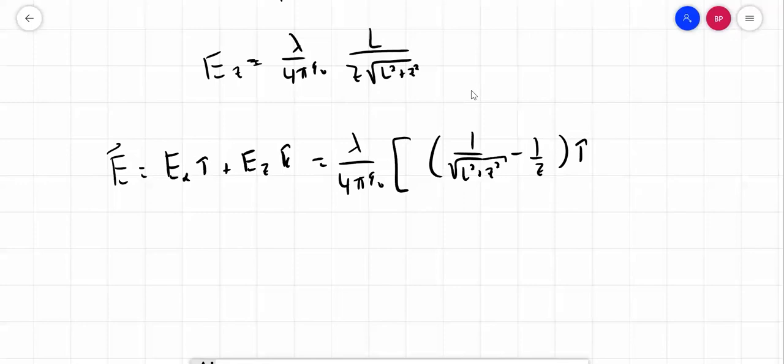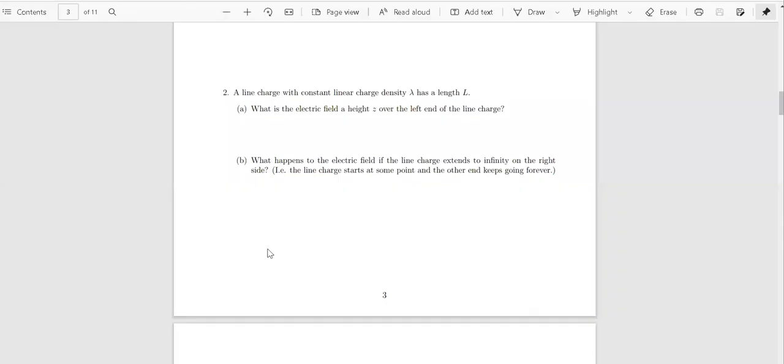That was our x component. And our z component was this thing. All right, so this is our full electric field over the left end of a finite line charge with constant linear charge density.